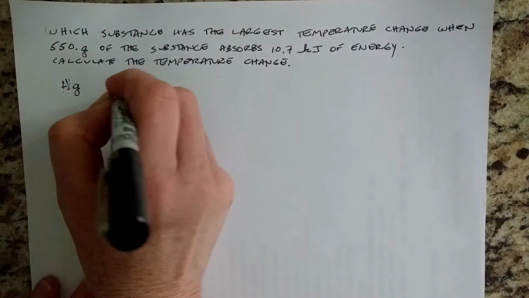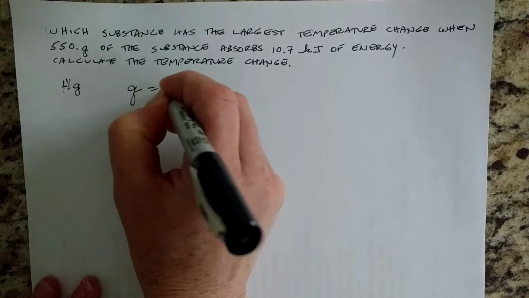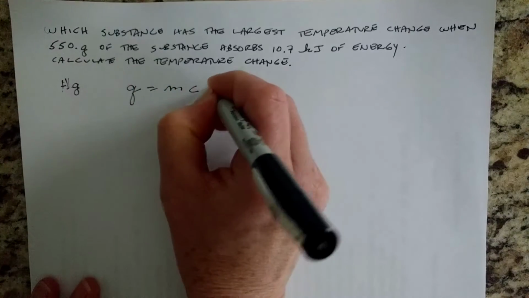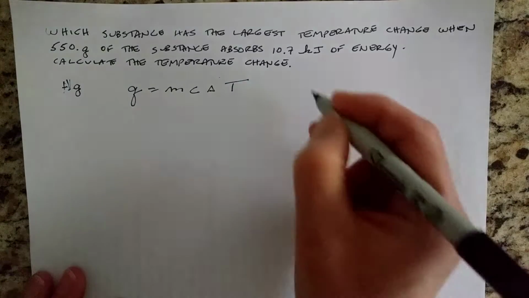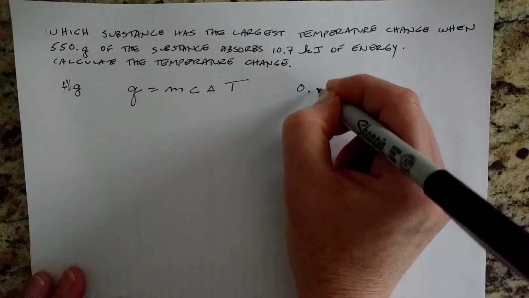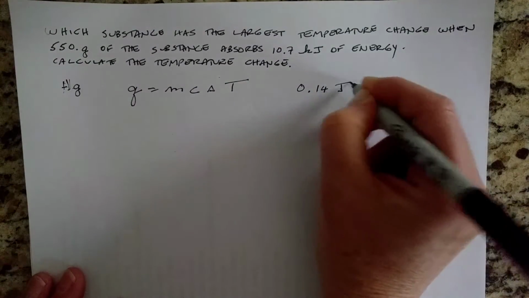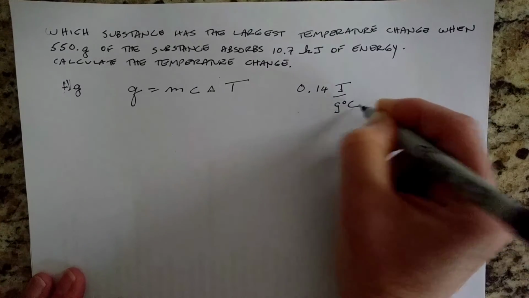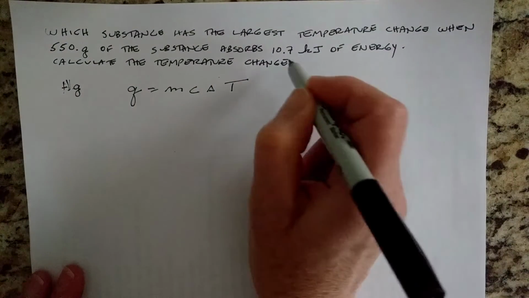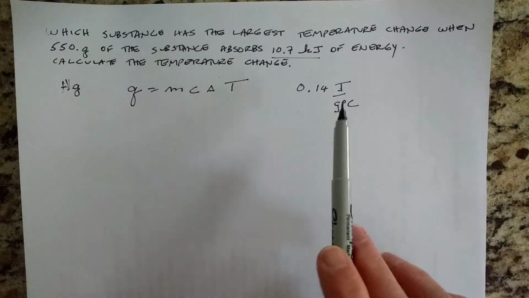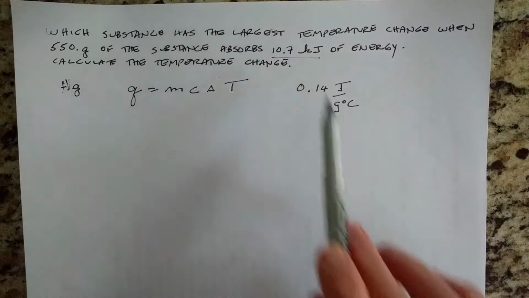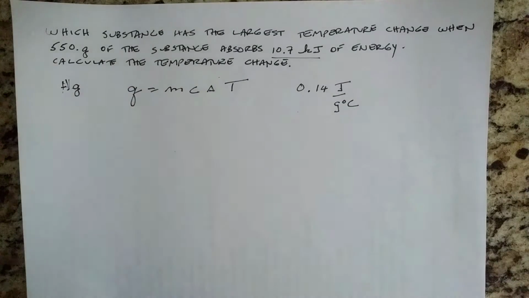And we're still going to use our equation Q equals mc delta T. Our heat capacity of mercury, 0.14 joules per gram degrees C. Our heat that we're given is in kilojoules. Our heat capacity is in joules, so we have to make sure that we convert one of these so that our units are the same.